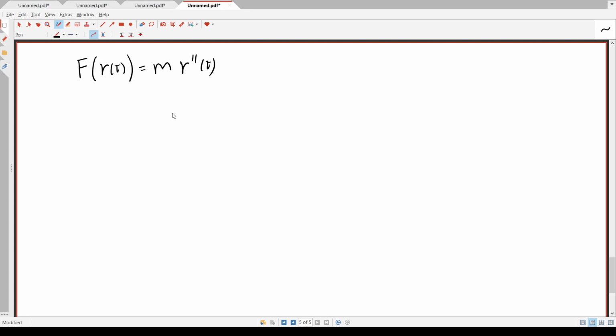F equals m r double prime, meaning F equals ma. All right, so the work done by this force, if you remember from physics, work is equal to force times distance, but we can also do it this way to adjust for not moving in a straight line. So this is going to be the work done by pushing something, I don't know, pushing a box or something along a weird line like this.